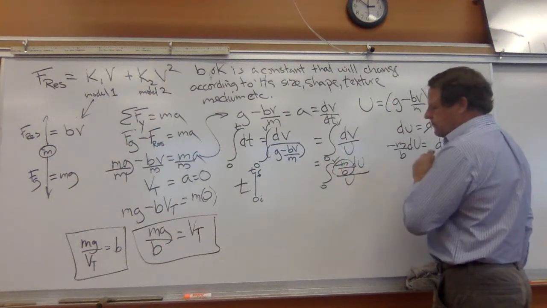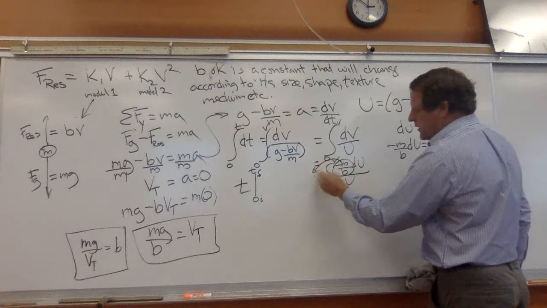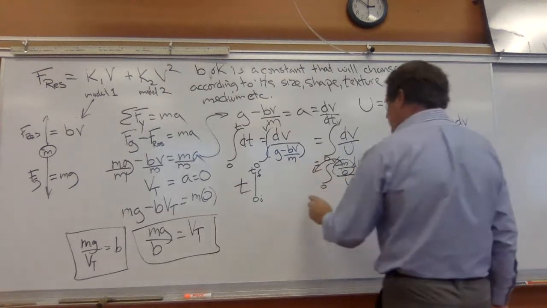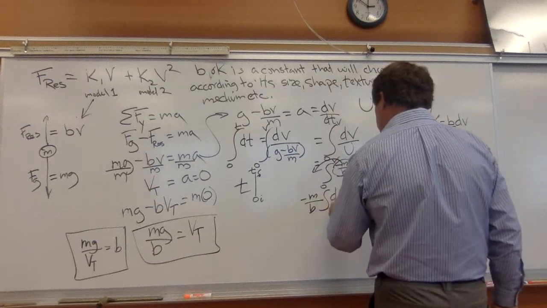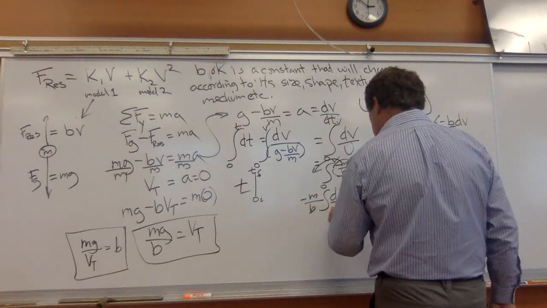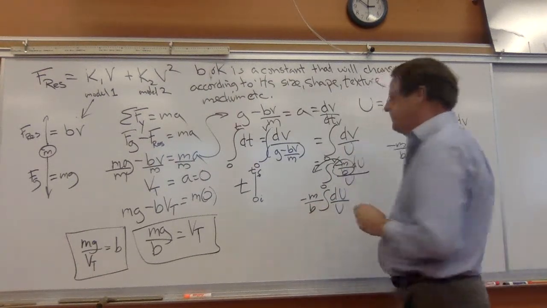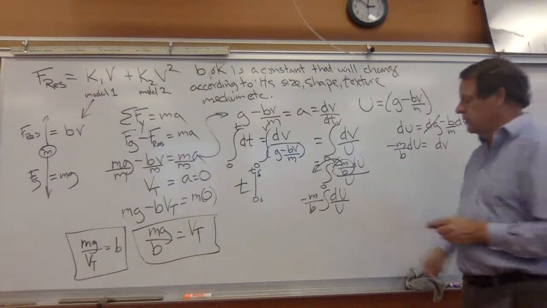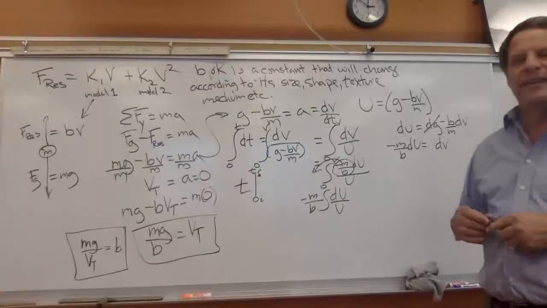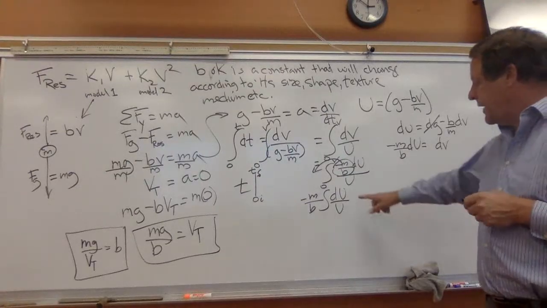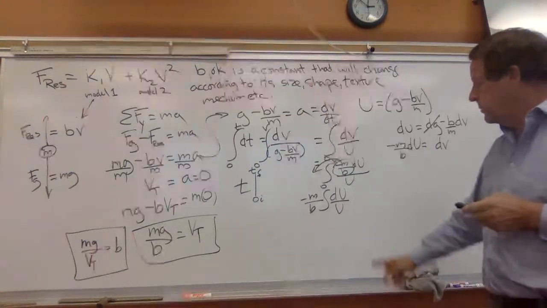This right here is a constant, so that can come on the outside. And now we're going to get negative m over b times the integral of du over u. Okay, now this might bring back some memories of differentials.